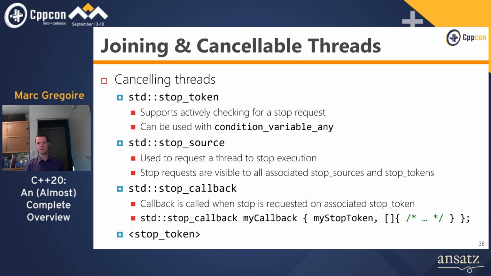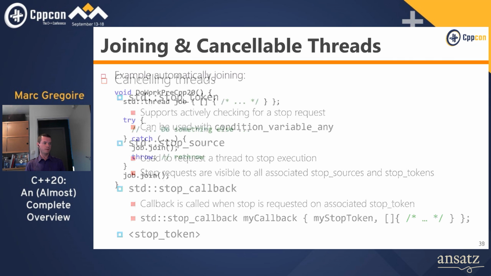So if your thread is sleeping on some condition variable, it can be woken up by a condition_variable_any when a stop token is raised to stop the thread. The second is a stop source, and the stop source is the other side of cancellation. Stop source is used to actually ask a thread to stop. And finally, we have a stop callback. You can register a callback, and then your callback will be called whenever a stop is requested.